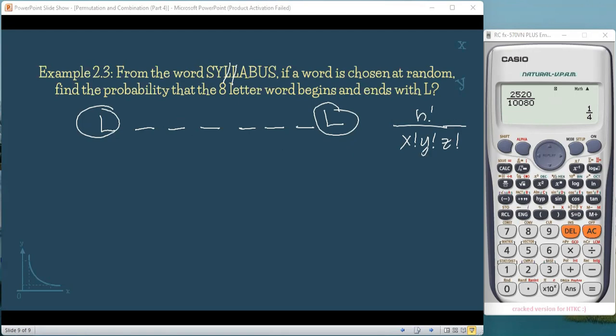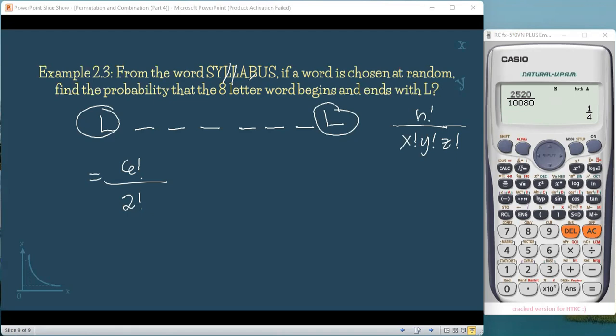So since po my dear students, meron tayong 1, 2, 3, 4, 5, 6. So we only have 6 here. 6 factorial all over. So since wala na po si L and L, ilan na lang po yung mga letters na pwede nating maulit dito? Si S at si S pwedeng maulit. Kaya ibig sabihin that is only 2 factorial. Si Y po ba naulit? Hindi. Si A naulit? Hindi din po.